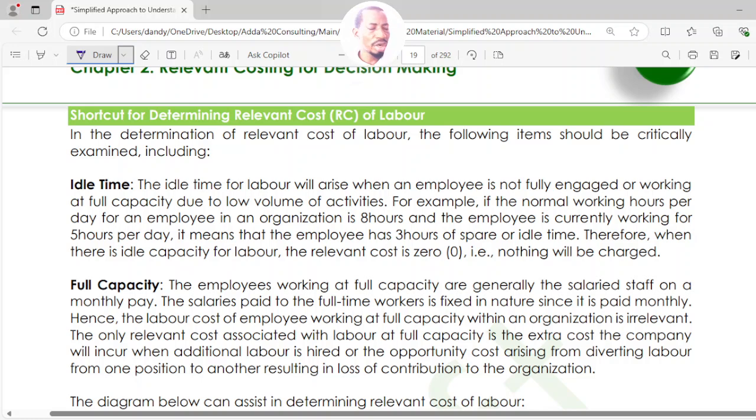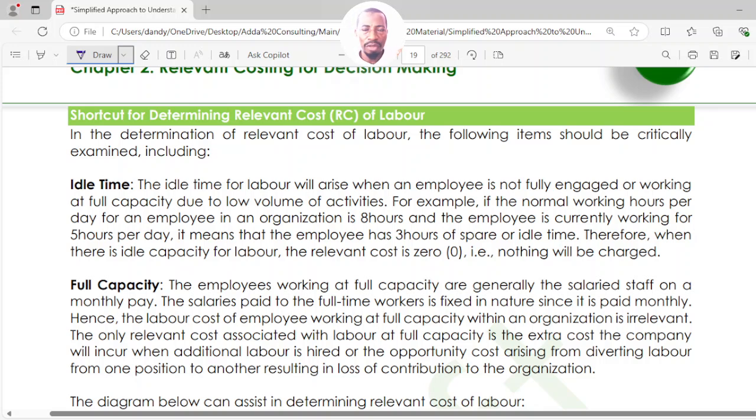As a result, the company will be losing contribution. So the cost of diverting resources from one position to another is also a relevant cost under full capacity. That cost of diverting resources arises because there will be low productivity if a manager or supervisor is not present at the current position as a result of the new project that the company wants to execute. The company will be losing productivity. That is contribution loss.